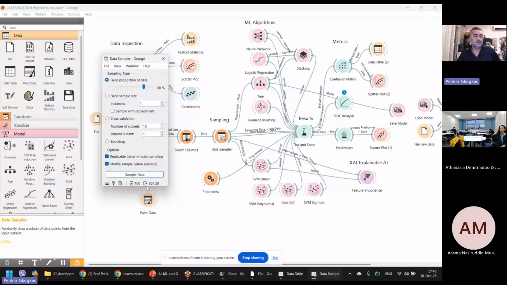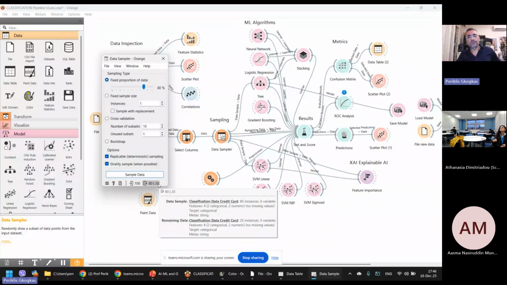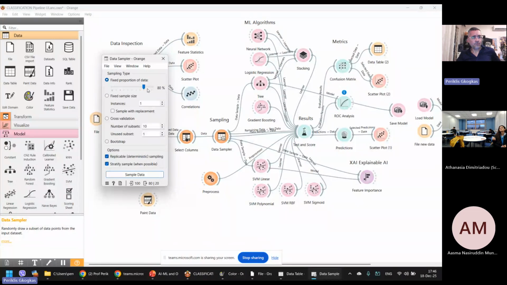So in this case, it is 80 observations, while 20 is the validation set. Of course, we can play with this. We can make it 70%, 74% in this case, or whatever. Usually what we select, depending on the number of observations that we have, is 80%.